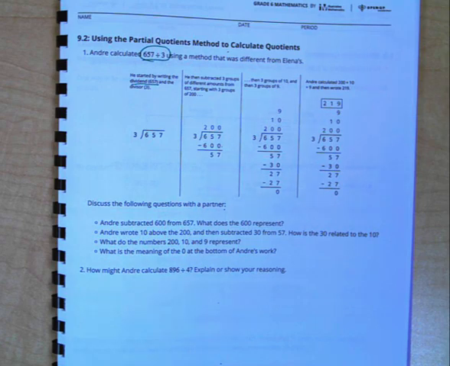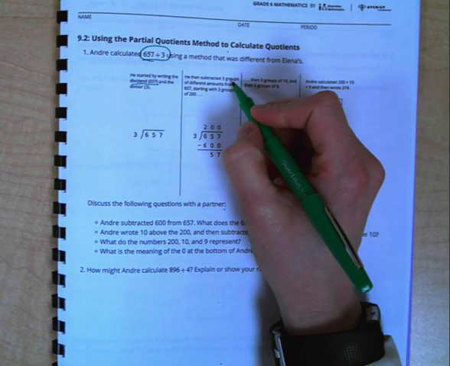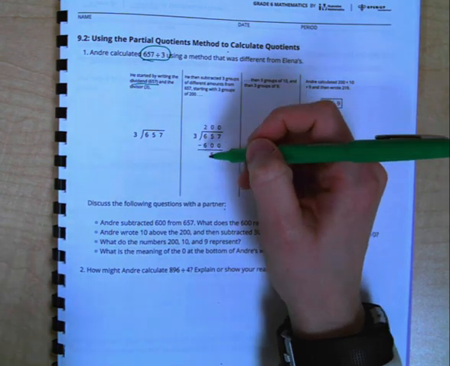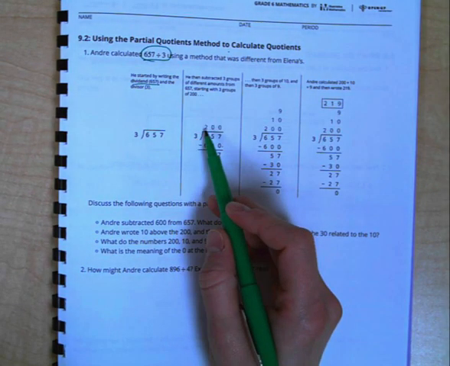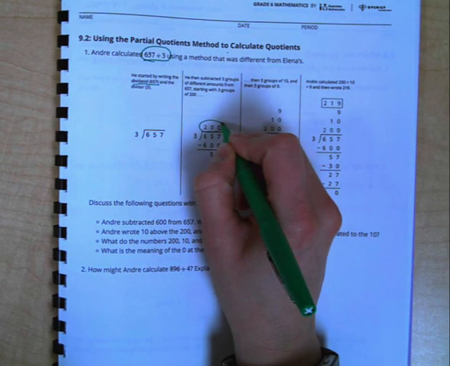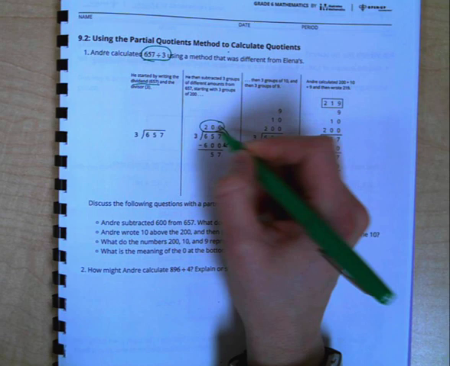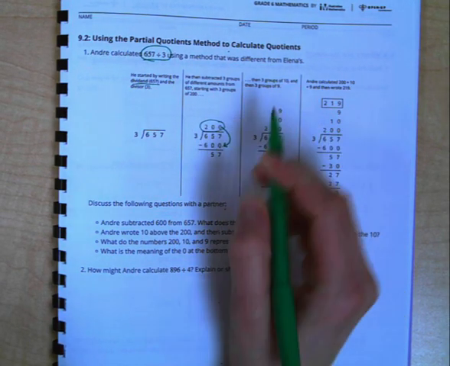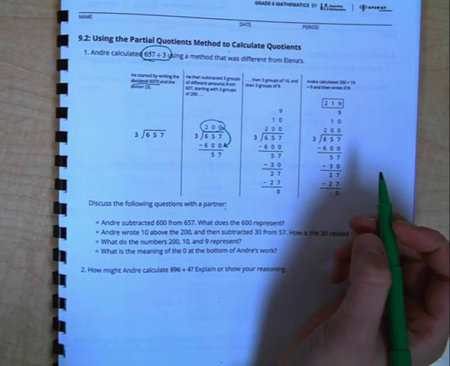So Andre started by subtracting 3 groups of different amounts. He started with 3 groups of 200. So we have 3 groups, and we did 200 in each group. So 3 times 200 is 600, so he had to subtract 600 total. It left him with 57.